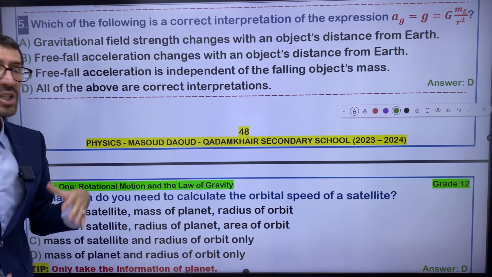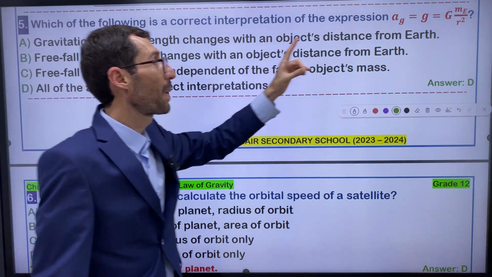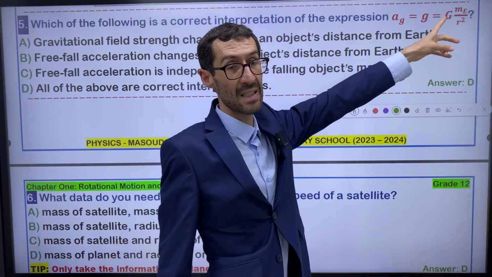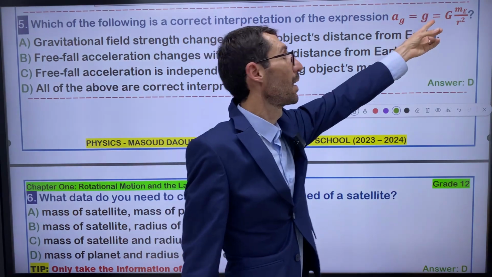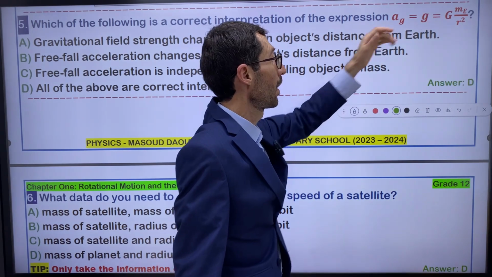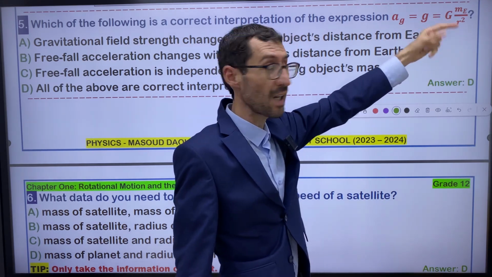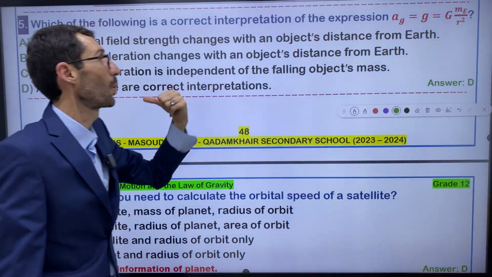It talks about a sub g, meaning g, acceleration due to gravity, which depends on 3 constants. What are the constants? The universal gravitational constant, G capital, the mass of Earth, and the radius of Earth.